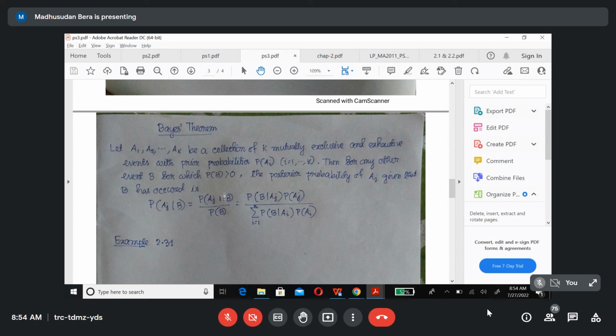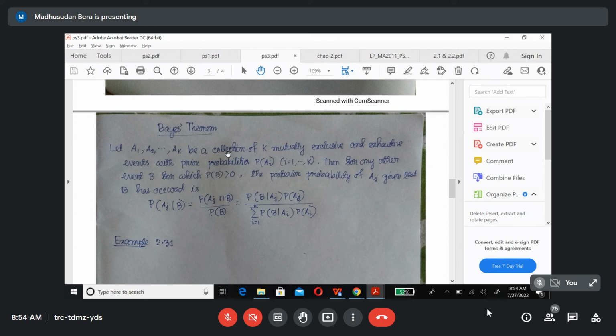By the conditional probability definition, it is P of AJ intersection B divided by P of B. Now here, the numerator is probability of B given AJ into P of AJ, and P of B comes from the total law of probability, this summation. So that is called Bayes theorem. Basically, if we know P of AI and P of B given AI, then by using this formula we can easily calculate P of AJ given B.